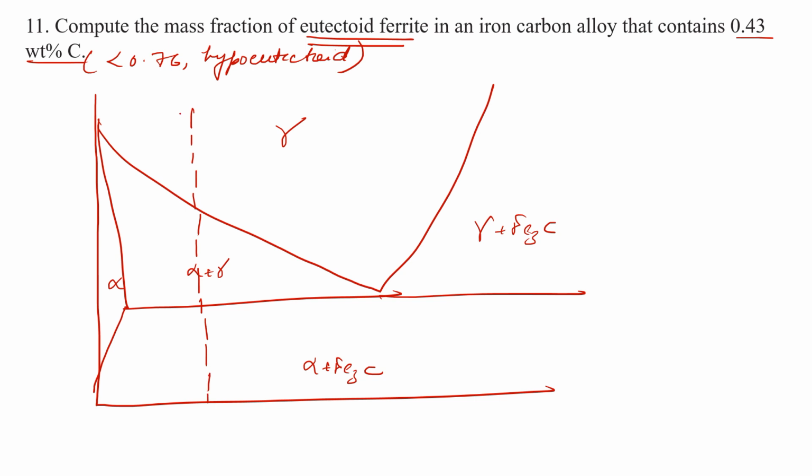Right, this is about 0.022 C alpha, this is C naught, this is Cp, and CFE3C is at the rightmost. Okay.